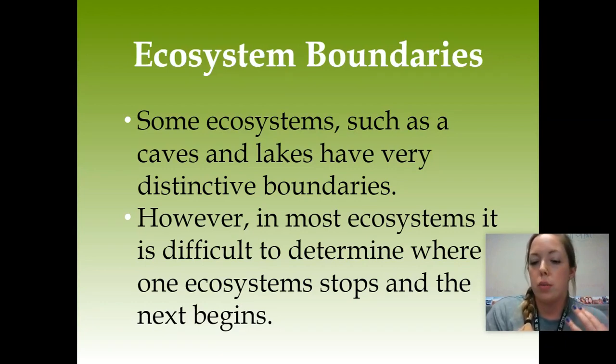So for this reason, and we'll talk about it in class, but ecosystem boundaries are sometimes subjective, right? An environmental scientist might define a terrestrial ecosystem as a range of a particular species of interest, such as the area where wolves roam, or they might define it using topographic features, such as two mountain ranges. Like that's the range of the ecosystem from one mountain range to the next.